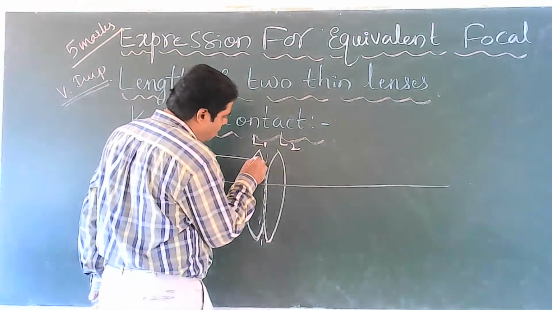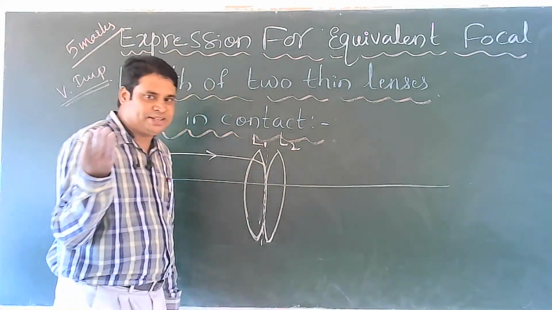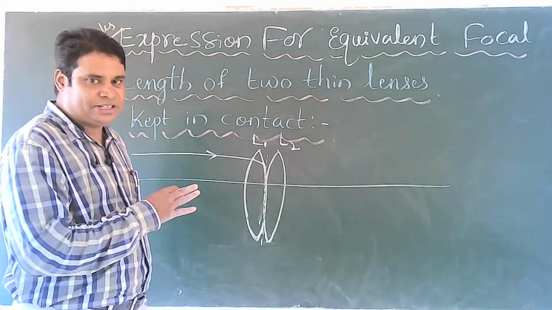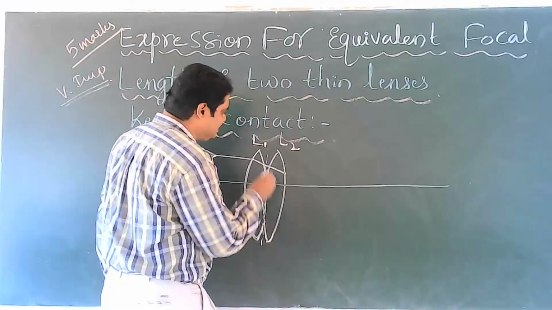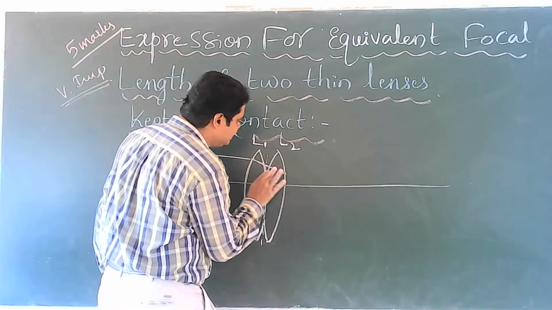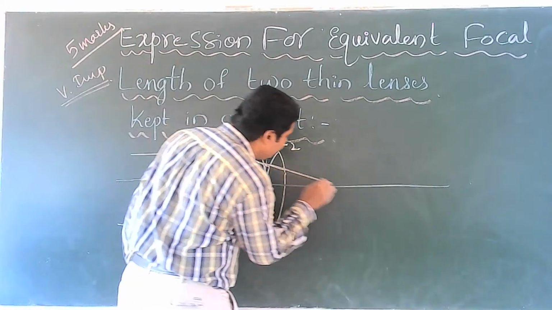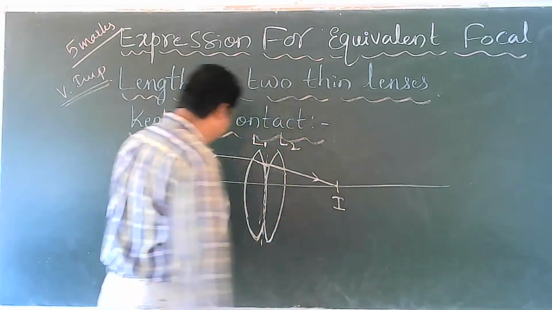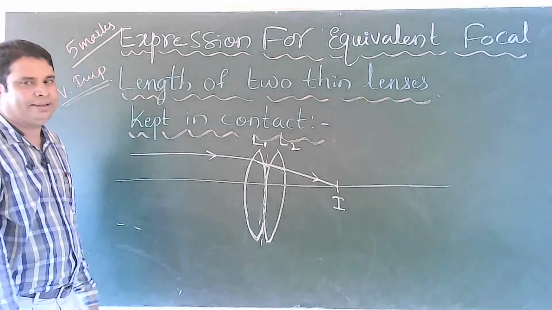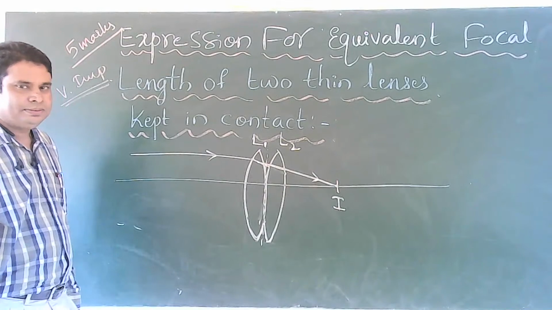After refraction by the first lens and refraction by the second lens, the ray will go and form a real image I on the principal axis.